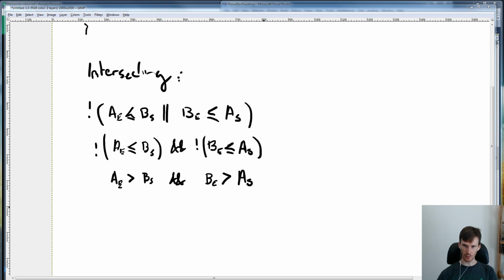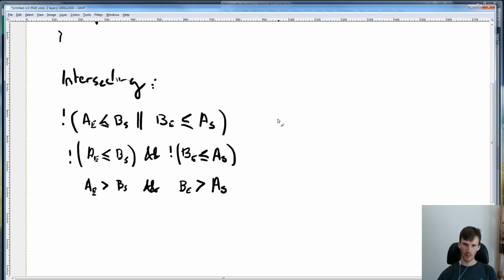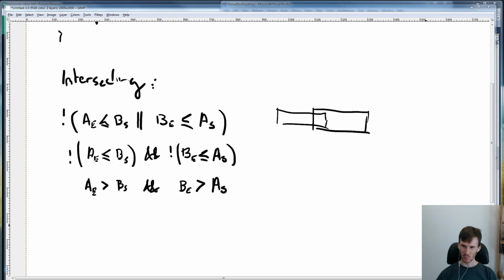And if we try and draw that out, let's draw rectangle-y things again. Someone's hammering something into the wall behind me. Weird. Okay.